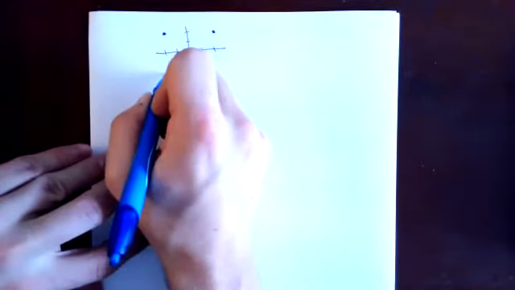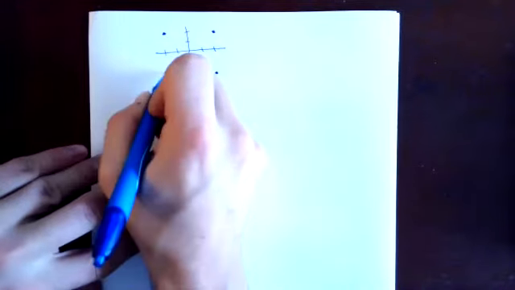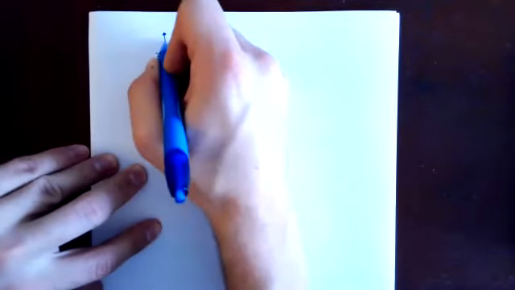So let me draw it out real quick. The base is just a square, side length of 4 looks like, centered at the origin. So we've got our vertices at like 2, 2 and negative 2, 2 and all that. So we've got those 4 points. This is our region.